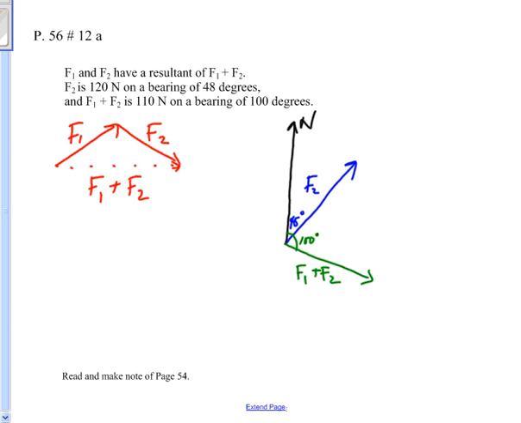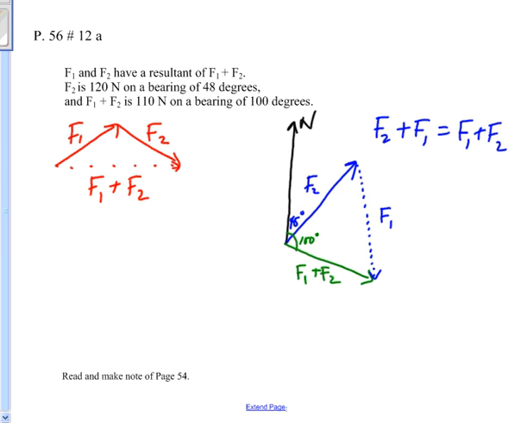I know that force 1 and force 2 is equal to the resultant. I also know that I can change the order so that force 2 and force 1 is equal to the resultant. So I'm going to draw my force 1 right there.